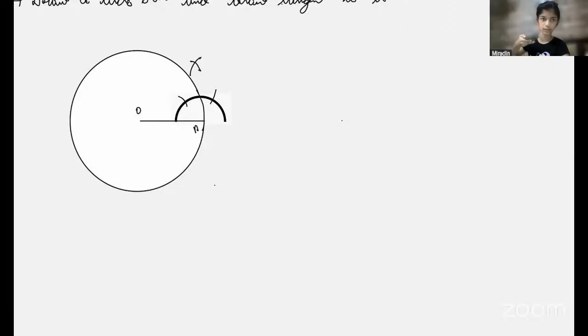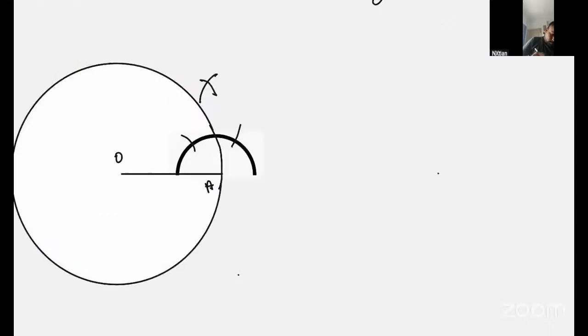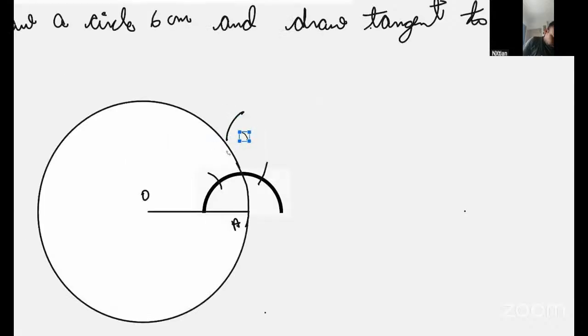So can you see my diagram? Just give me a second. Like this.